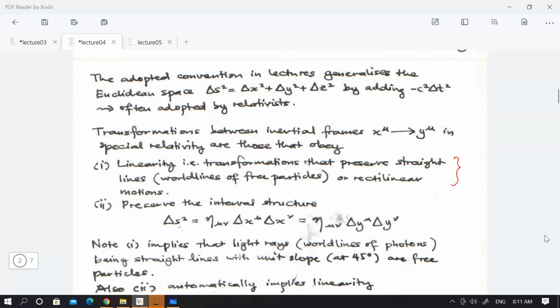So what kind of transformations are actually allowed? Just like before, in the case of Galilean transformation, what we want to do is essentially to preserve this length. One of the ways that we can actually preserve this length is to do a rotation or a translation of the coordinates.